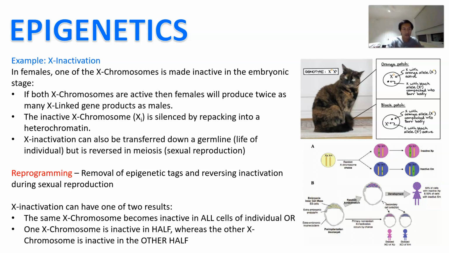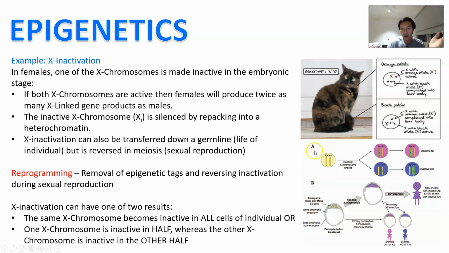X inactivation can have usually one of two results, right? The same X chromosome becomes inactive in all of the cells in the individual, or one X chromosome is inactive in half of the cells, whereas the other X chromosome is inactive in the other half of the cells. So you can have two outcomes. So here are the examples A and B, right?